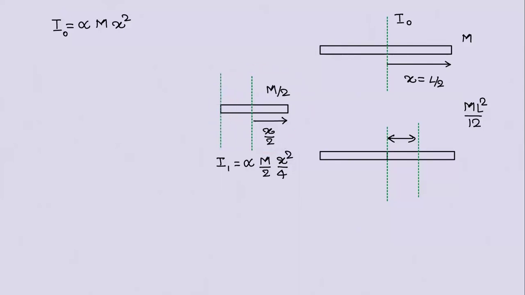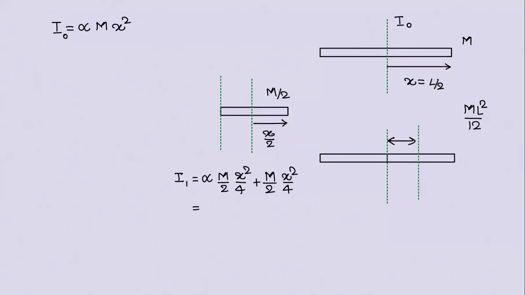If I take the axis about the end, the moment of inertia will be found simply using the parallel axis theorem. Now I consider the moment of inertia of this piece itself as I1, and I have to add m d square, with m by 2. What is d? d is X by 2, so X by 2 whole square, X square by 4. The moment of inertia of this half rod will be alpha plus 1 times m X square by 8.